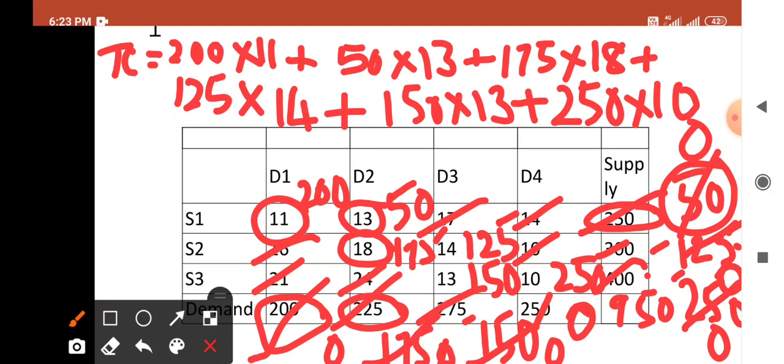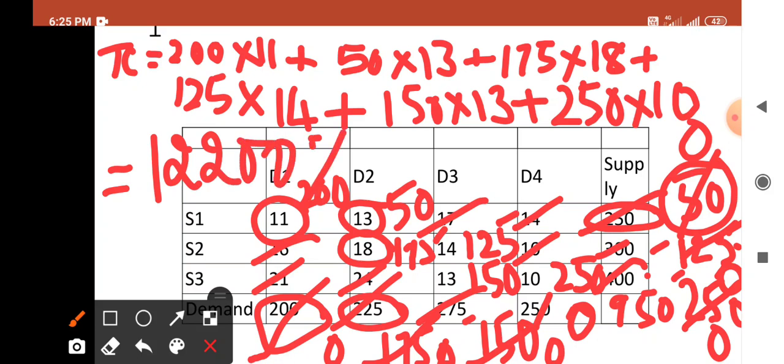So the total transportation cost here is 12,200 rupees.